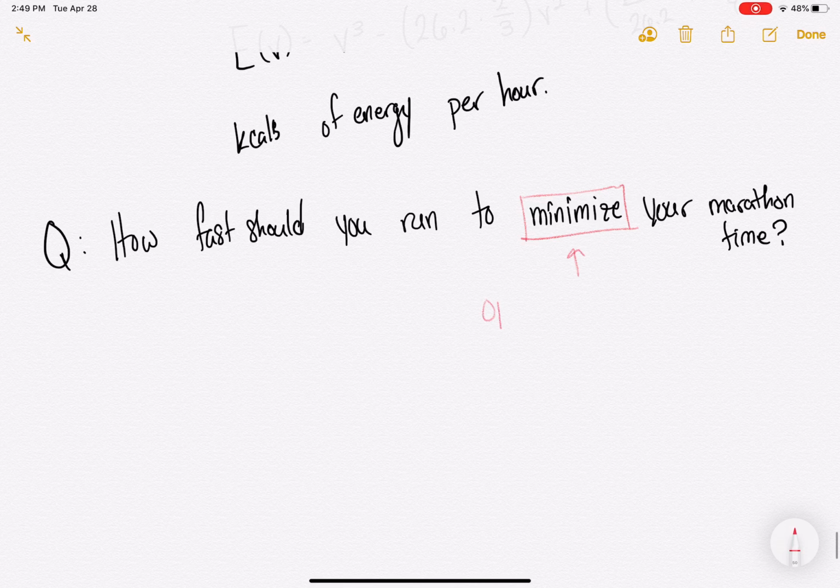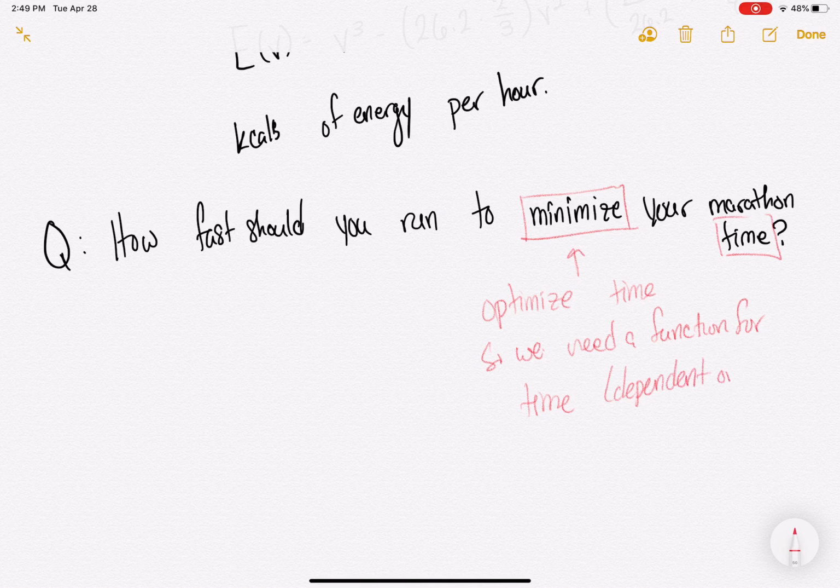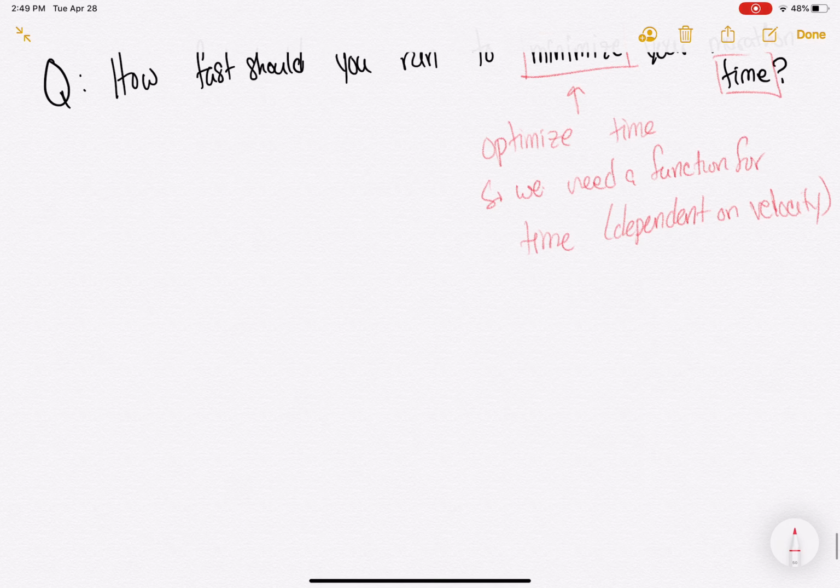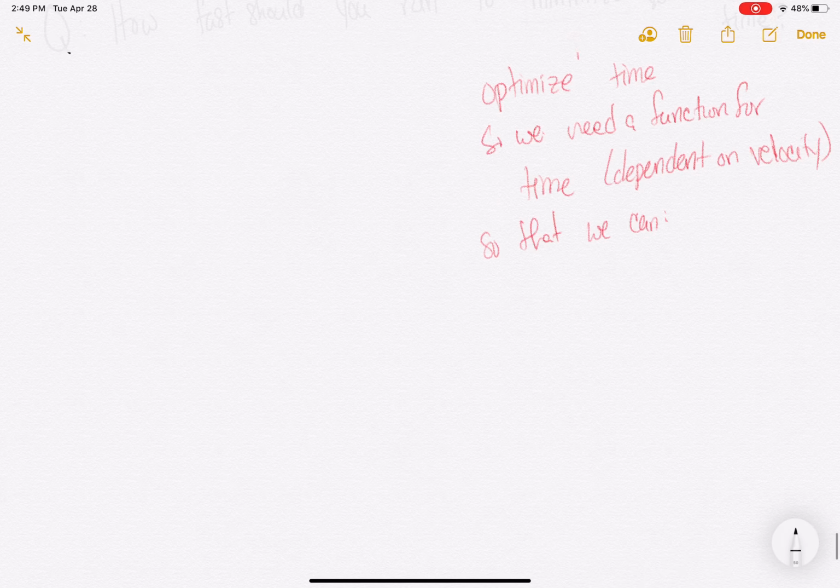Minimize. This means we want to optimize your marathon time. What are we optimizing? We're optimizing time. So we need a function for time dependent on velocity, so that we can do the thing that's going to earn everybody a lot of points. Change my color even, that's how important it is. Take a derivative.